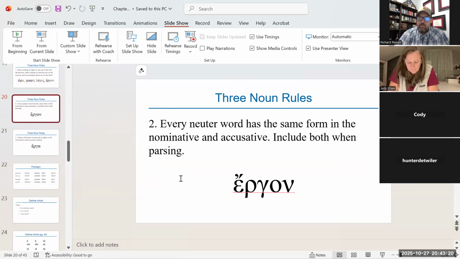So if I give you the word ergon and I say parse the word ergon, then you're going to say it's nominative neuter singular work from ergon. But you may say nominative and accusative, because you don't know and you don't have a sentence, so you can't translate it. So you don't know if it's nominative or accusative. So you've got to tell me that it's both. Does that make sense?